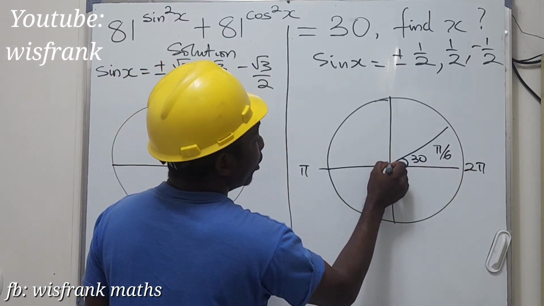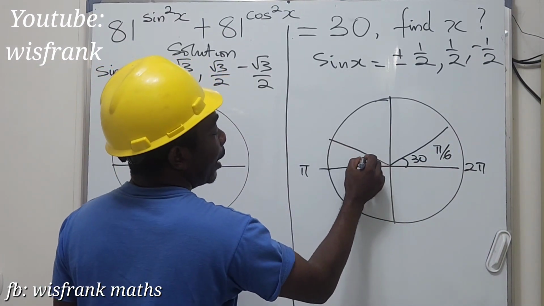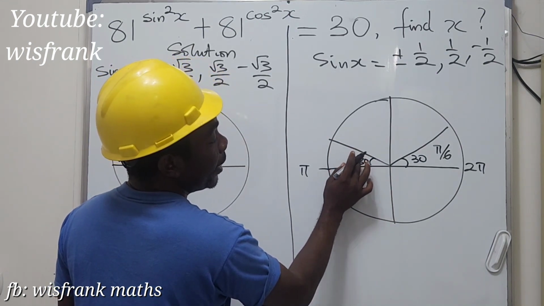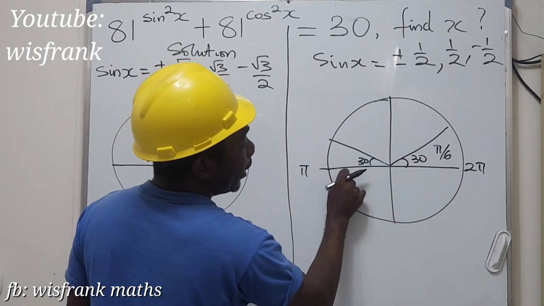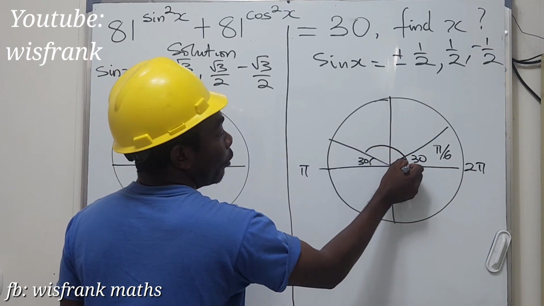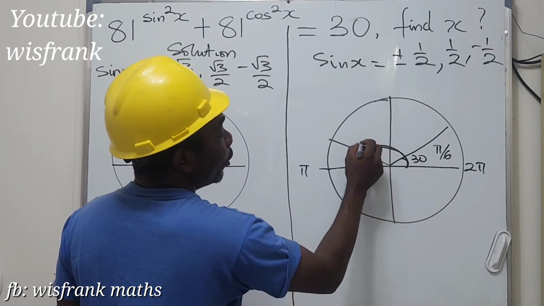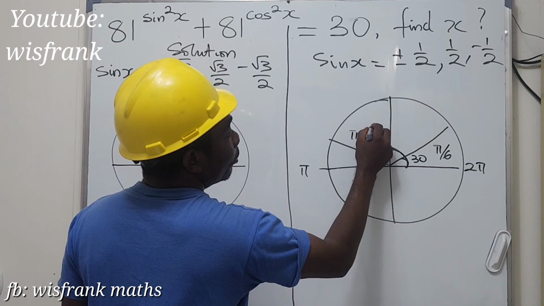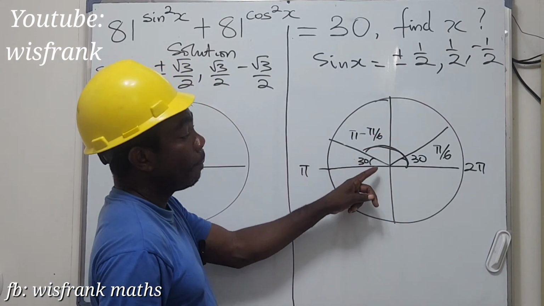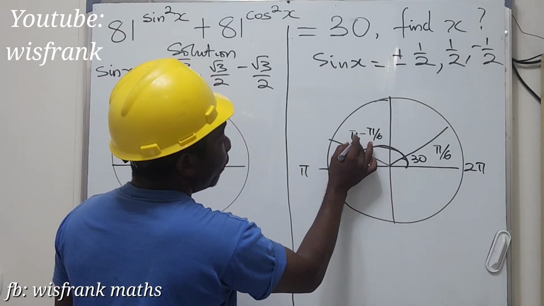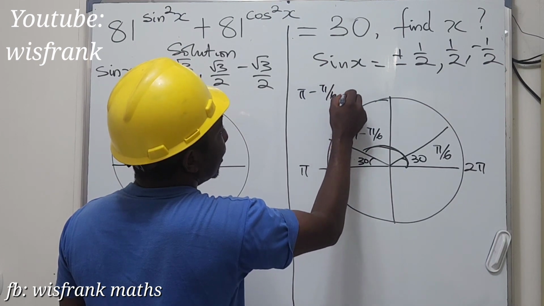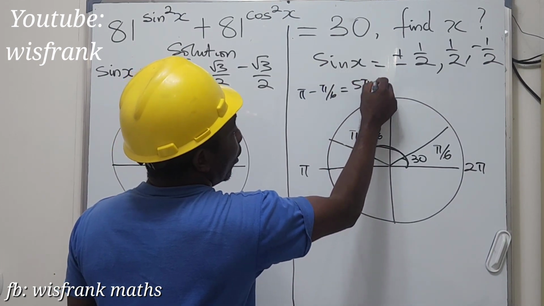Then for the second quadrant, we have this other side. We also have 30 degrees here. For us to find this angle, it is going to be 180 minus this, that is pi minus pi all over 6. That means 180 minus this. So pi minus pi all over 6 is the same thing as 5 pi all over 6.